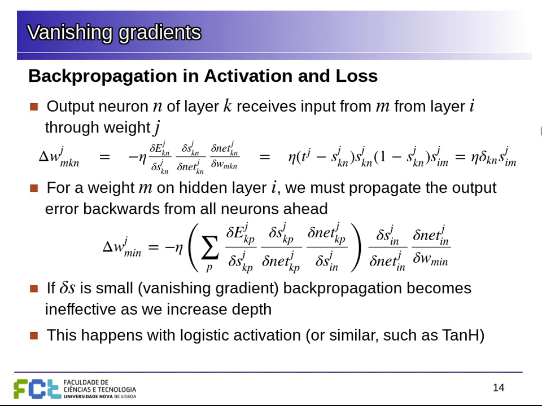This can be done tens, dozens, hundreds of times along the network, depending on how deep the network is. So since we are multiplying all of these derivatives, if one of them approaches zero, then everything turns to zero, and we have no information on how to update this particular parameter.